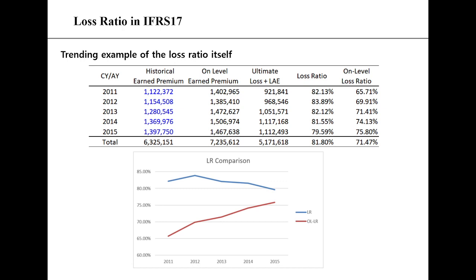So when you come up with and try to use the on-level loss ratio for, let's say, however many years, because you increase the historical premium onto the current premium level, like in ratemaking, that has been inflated.